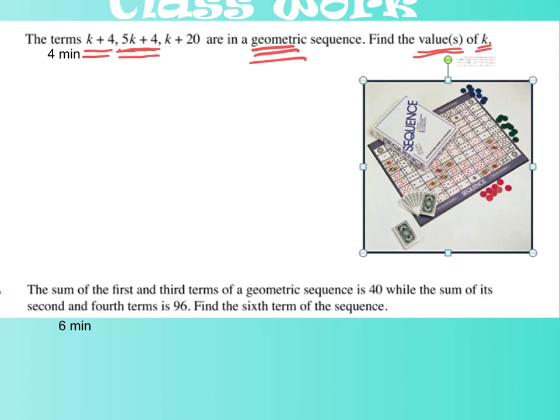Don't by accident use the a sub 0 equals the a sub 0 plus d times n minus 1. This is geometric. So if it's geometric, we got to know this formula. Now I'm going to use the second term.